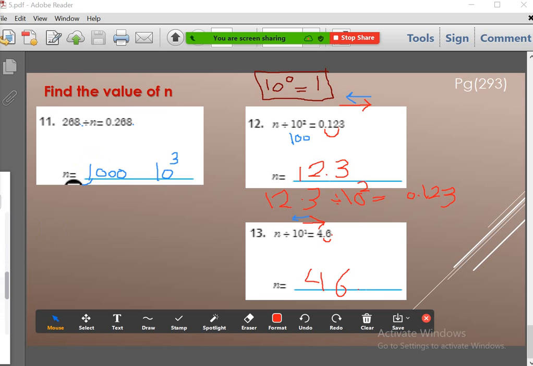Okay, Basma, ask me please your question. Teacher, if we have 10 powers 1, we will put the same number? Not the same number. Look here. We will put the decimal point in the third number? No, not always, according to the situation.